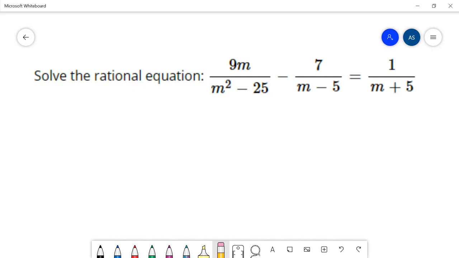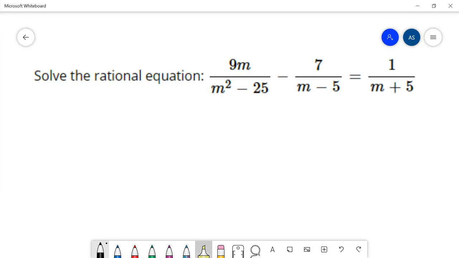All right, and here we have question 15, solve the rational equation 9m over m squared minus 25 minus 7 over m minus 5 equals 1 over m plus 5. So when we solve, we want to get a common denominator, but before we get a common denominator, we need to put the denominators in factored form.